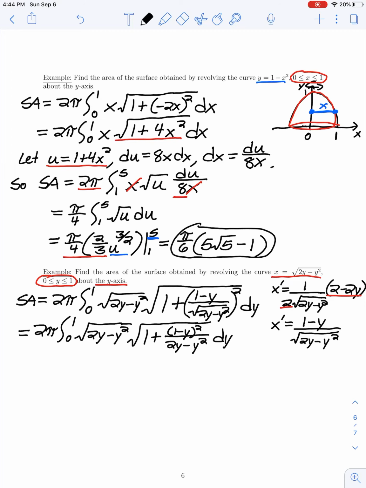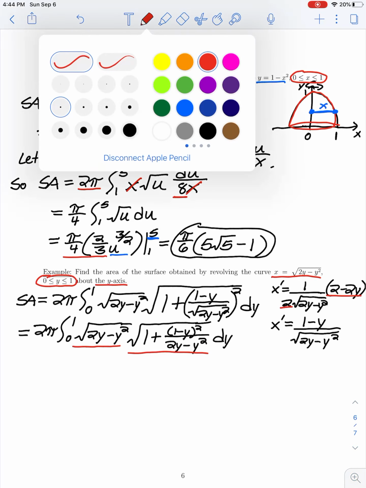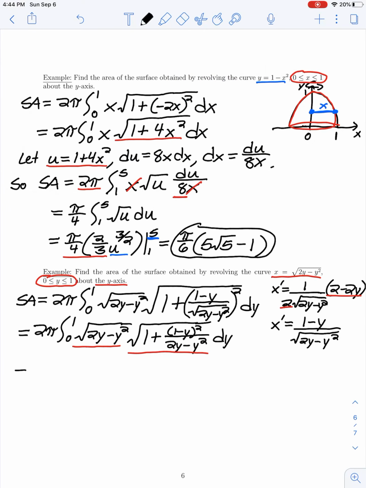So what we can do now is the following. We're multiplying two expressions involving the square root of a quantity. So we can group those together as the square root of the product of that quantity. Instead of multiplying the square root of these two separate expressions, we can take the square root of the product of these.